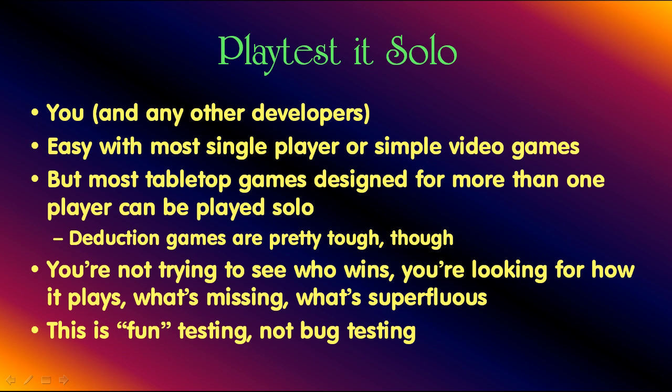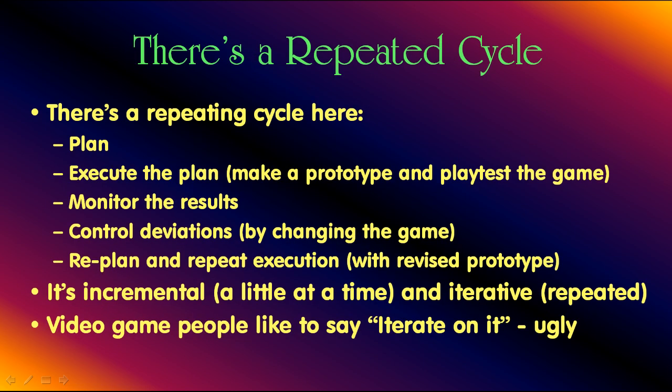You're not trying to see who wins. You're looking for how the game plays, for what's missing, for what's superfluous, what can be left out. It's fun testing, not bug testing, in case that's not obvious. There's a repeated cycle to playtesting. You make a plan. That's conceiving your game. You execute the plan by making a prototype, and then you play the game.